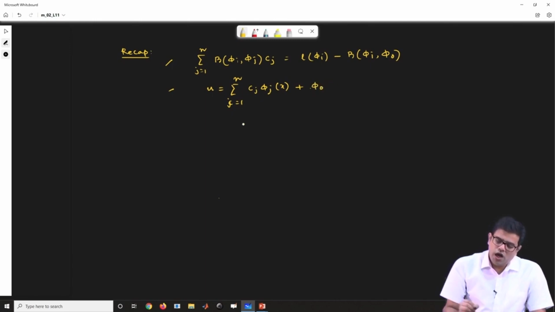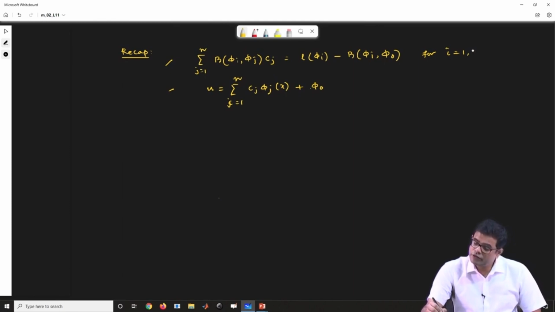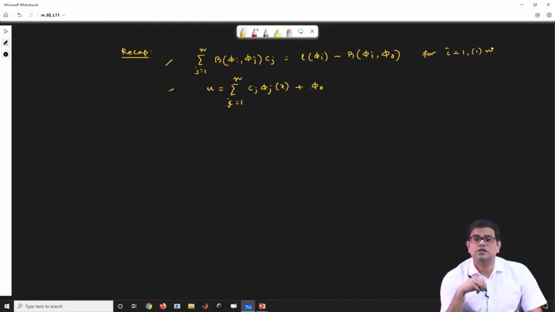One important thing here is that the weight functions must be linearly independent, because this will lead to a simultaneous linear system of equations, and that has to be invertible to find the unique solution of the Ritz coefficients Cj.